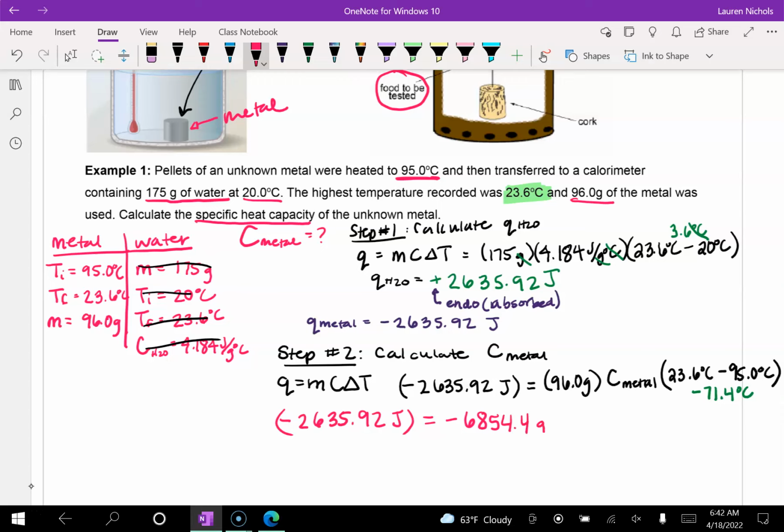and those units are gram degrees Celsius because we have both of them there, none of them canceled out, and it's still multiplied by the specific heat of our metal. And to get the specific heat of our metal alone, we will need to move it to the other side. So we'll divide by negative 6,854.4 gram degrees Celsius on both sides.